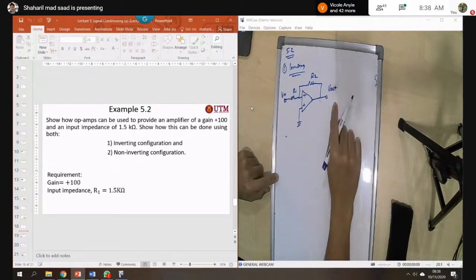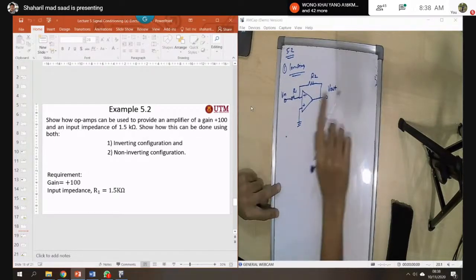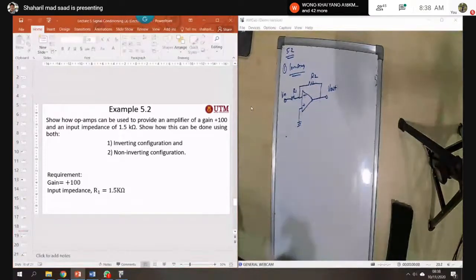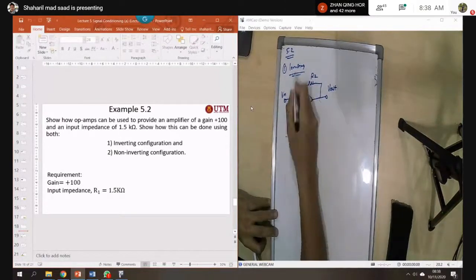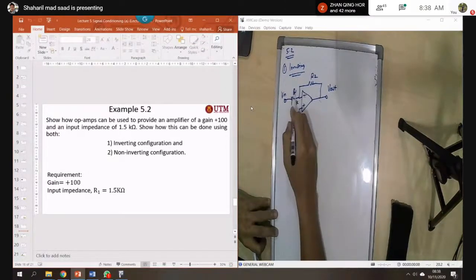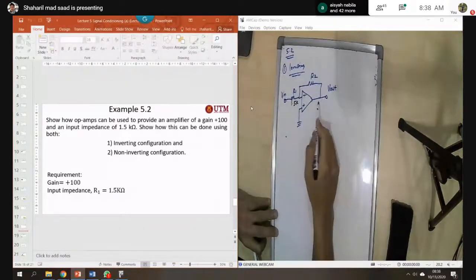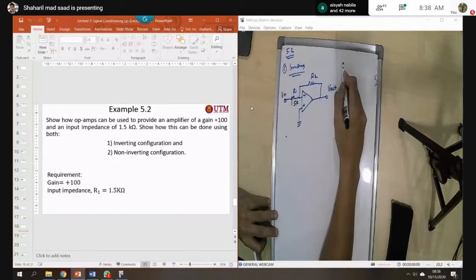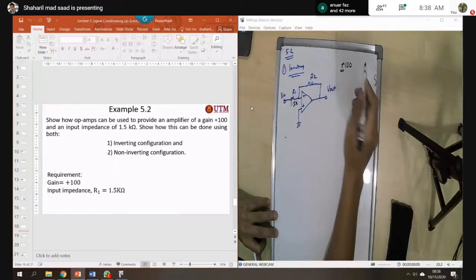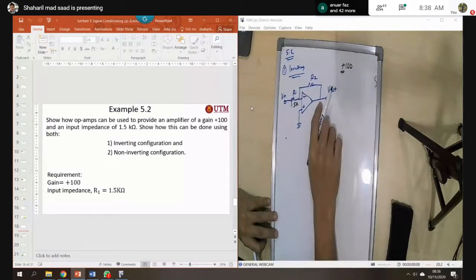Right, so it says that the input impedance is 1.5. For the inverting circuit, this is the input impedance R1. And we want to achieve plus 100.